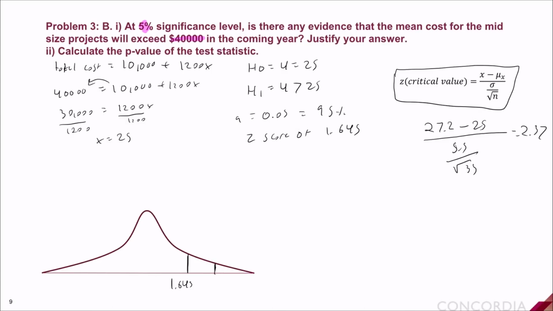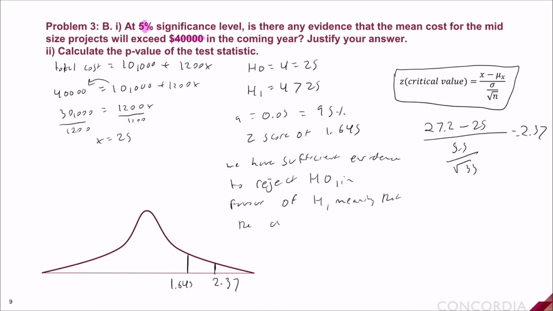And now our critical value would be here, which would mean that we have sufficient evidence to reject H0 in favor of H1, meaning that the average number of days is greater than 25.